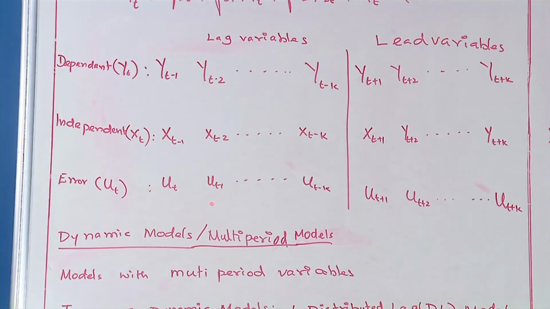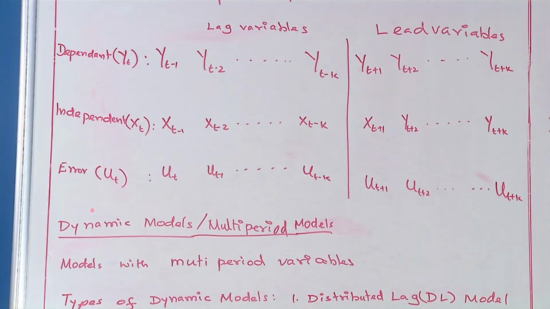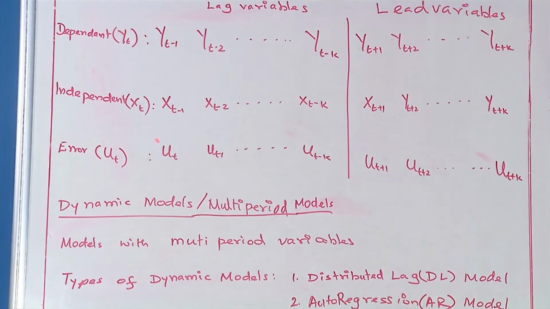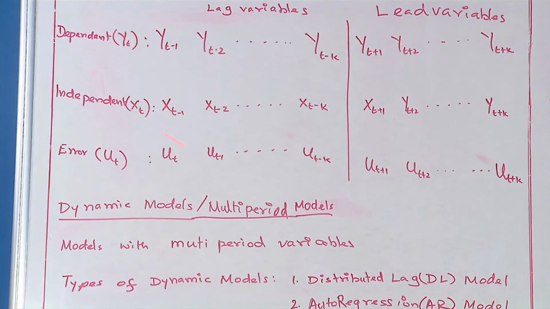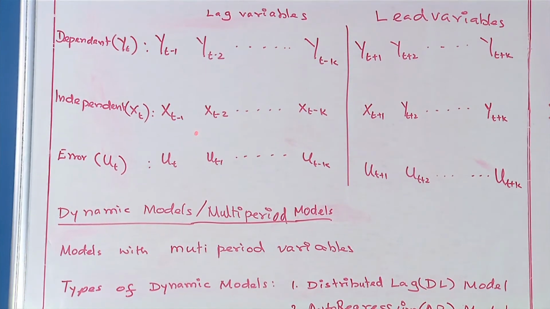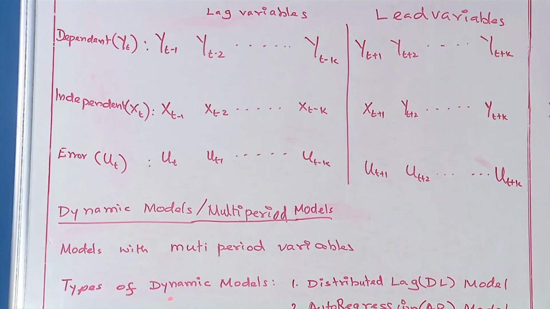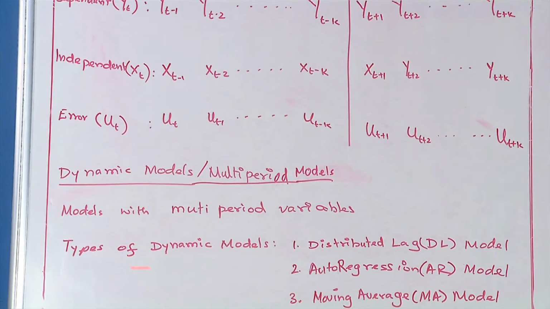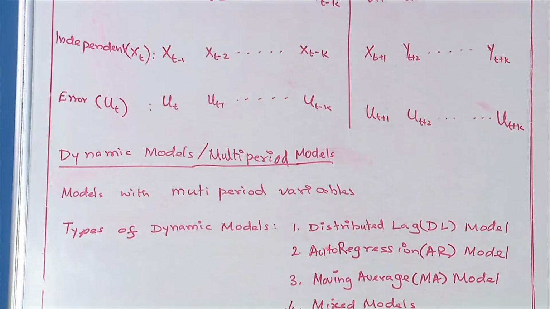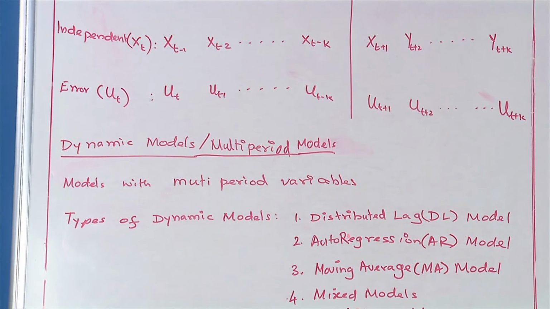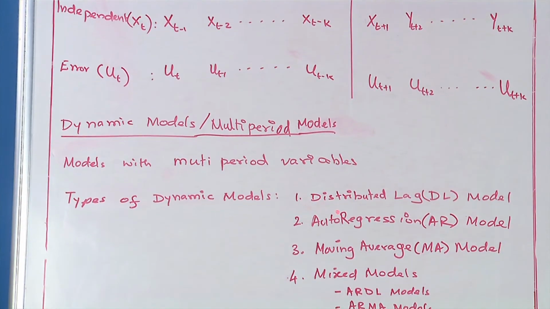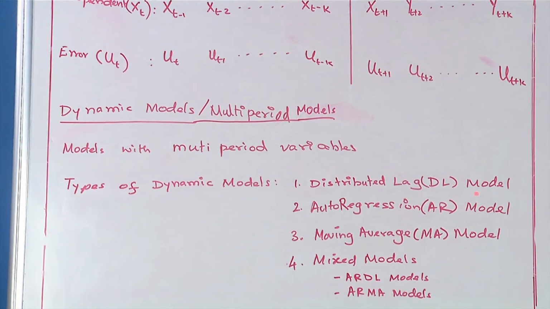The dynamic models will have multi-period variables, that is, a mix of lag and lead variables of dependent and independent variables. These models are classified like this. We have got types of dynamic models. There are some pure lag models, that is called pure distributed lag models.